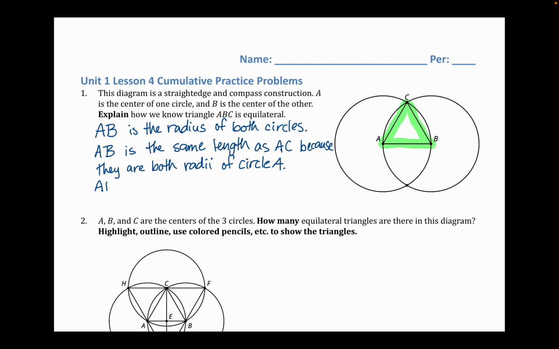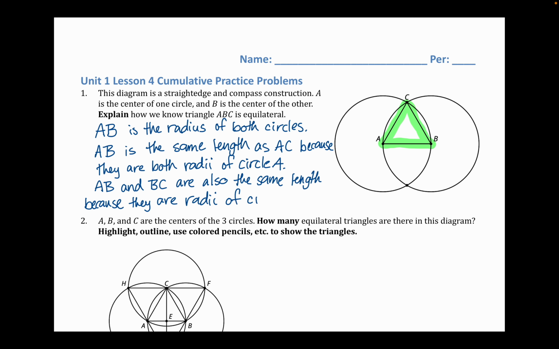So AB and BC are the same length because they are radii of circle B.